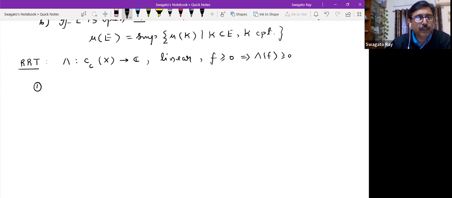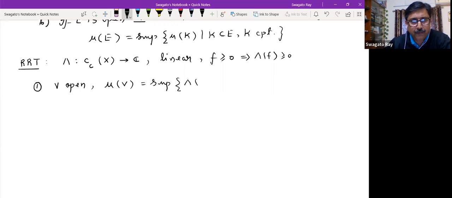So let's quickly get on to the definition of measures of open sets. For V open, we have defined the measure of V to be equal to the supremum of Lambda f, where f is a compactly supported continuous function whose support is contained inside V. It is written as f is less than or equal to 1 and support of f inside V. What is inbuilt in this is something like this: I will like to think of Lambda f as the measure of the support of it, the compact set, and then you are looking at its supremum.